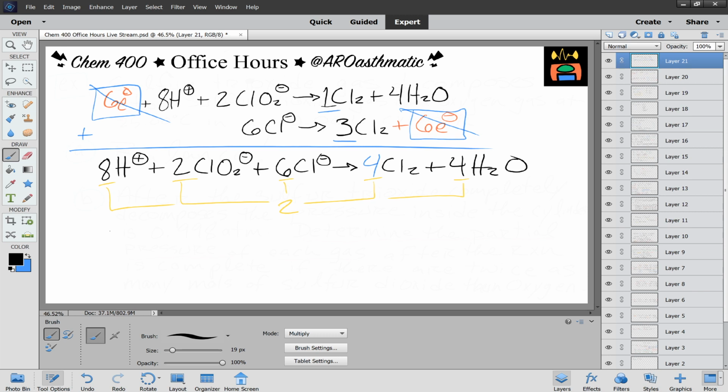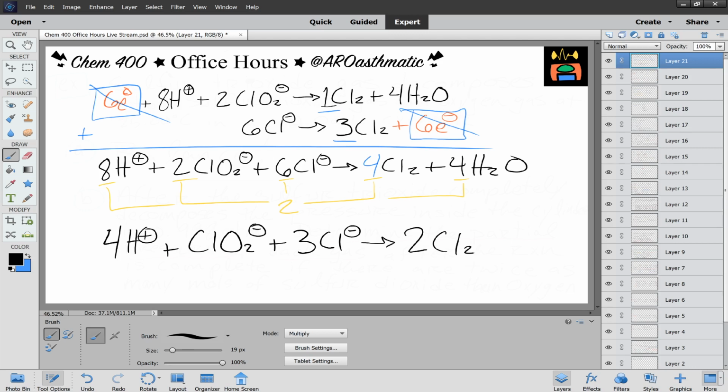So the final answer will be 4 hydronium ions plus 1 molecule of chlorite plus 3 chloride ions will produce 2 molecules of chlorine and 2 molecules of H2O.